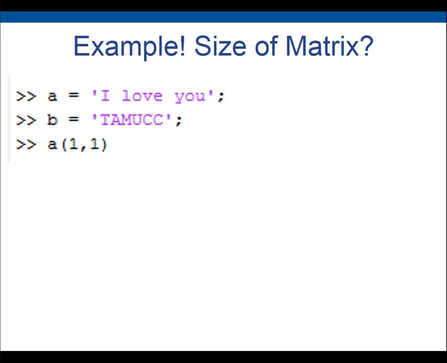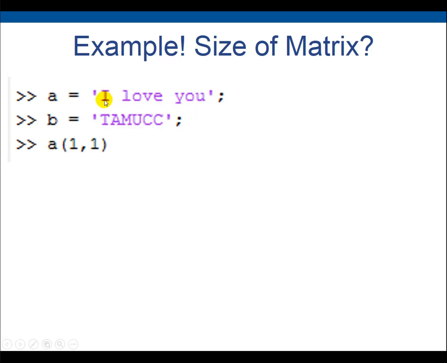All right, so here we have an example. A contains I love you, and B contains TAMUCC. What is A(1,1)? Here you can see A contains string data, and this string data has a size.